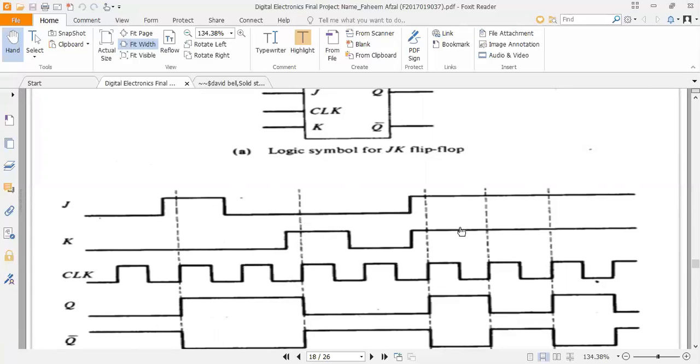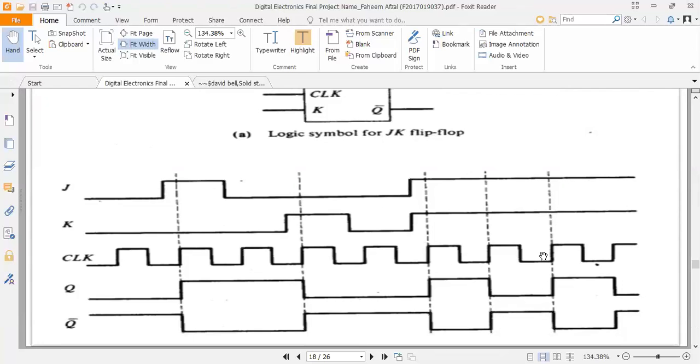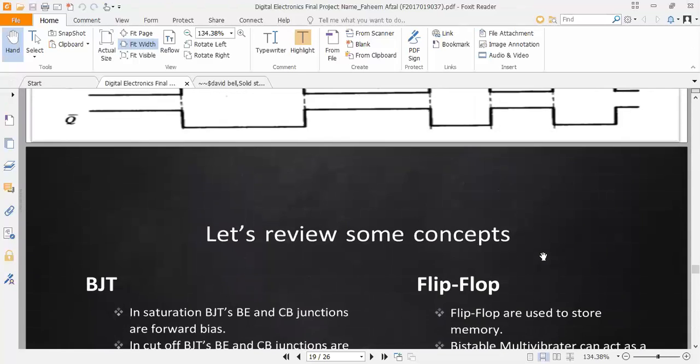Here, when J is high and K is high, the output toggles on every rising edge of the clock. So it toggles the output on every rising edge of the clock when J is high and K is high. Q is opposite to it.